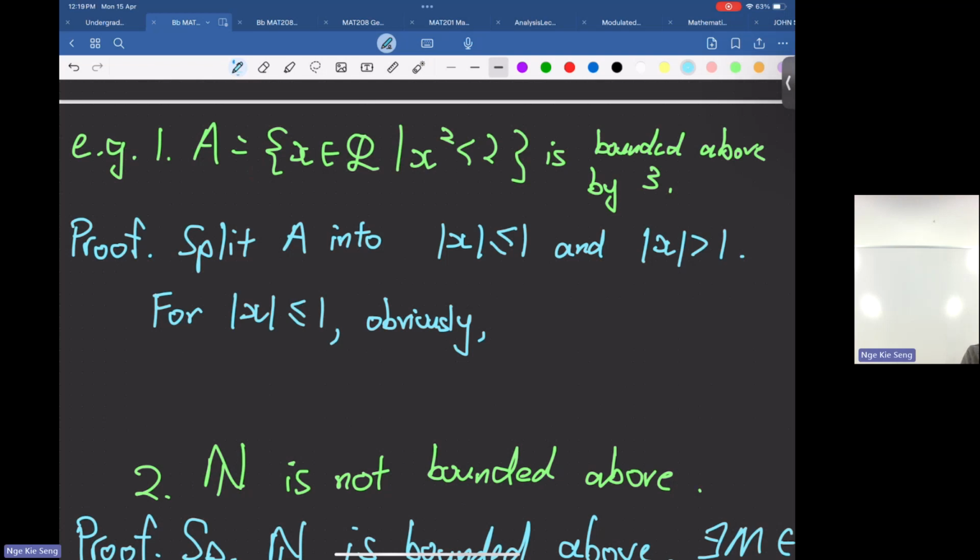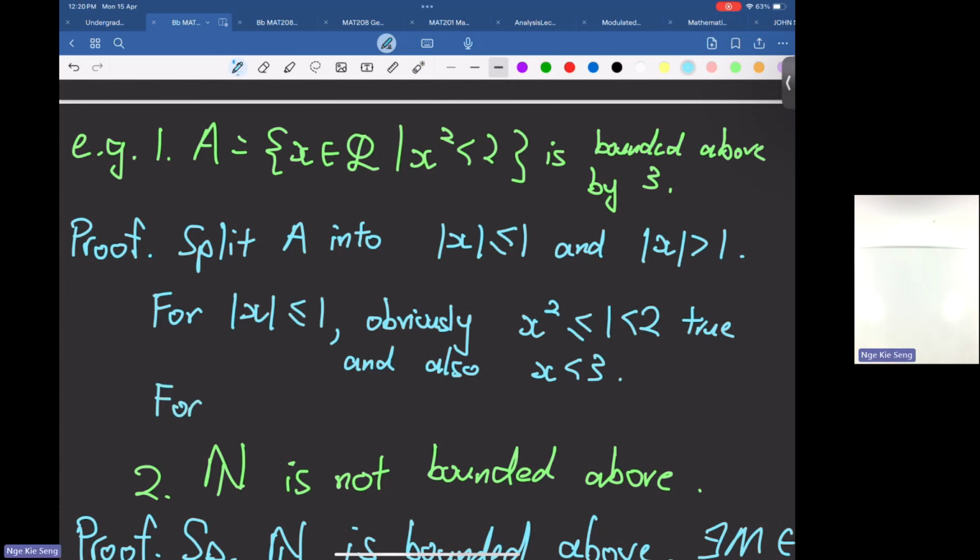Inside here, if you want to satisfy x squared less than 2, it still holds, because x squared is less than or equal to 1, less than or equal to 2. Okay, sure. This one is in A, and then x is less than 3. Correct. Obviously, this is true.